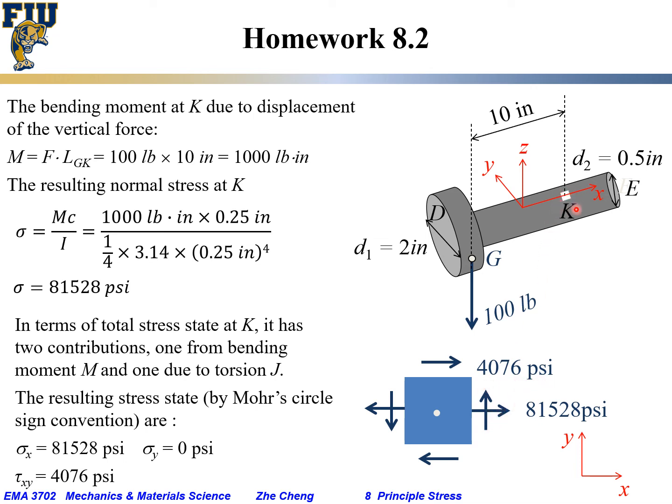I'm considering the local unit here and looking from the front surface. So this is our local stress state, sigma x, sigma y, and tau xy. Once you have this, you can use either Mohr circle or the equation set.